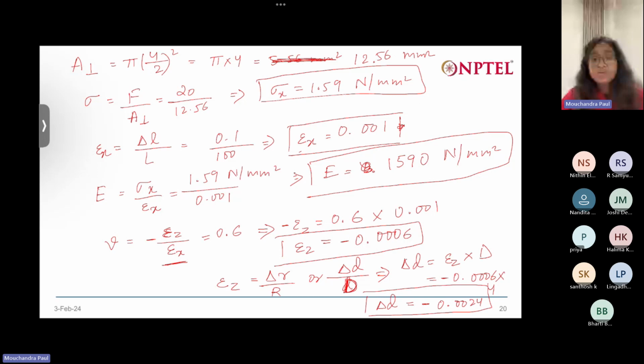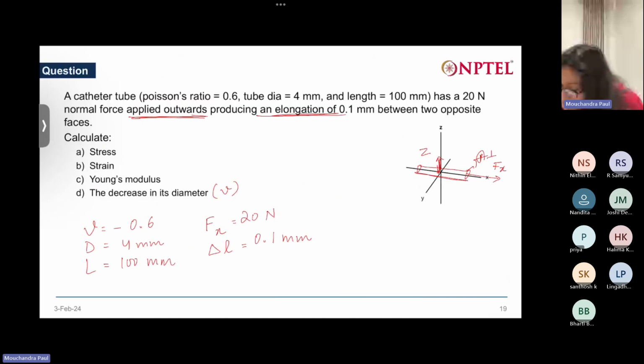So if you were to ask for the final diameter, you will take the diameter, 4 mm, minus this value, 0.0024. Then you will get the final diameter of this particular tube in the presence of a tensile force.